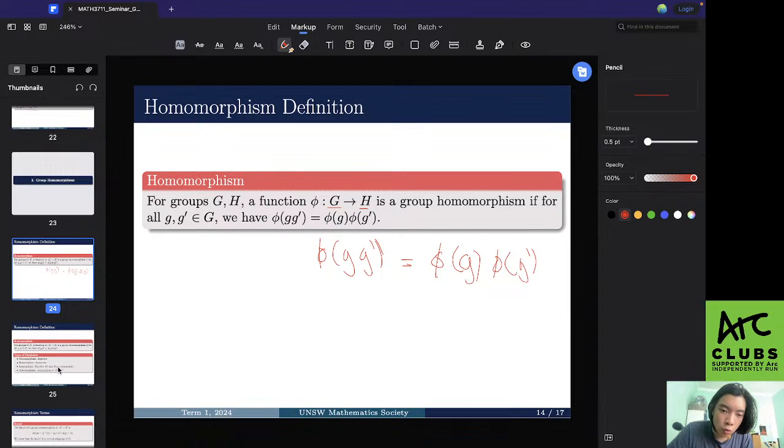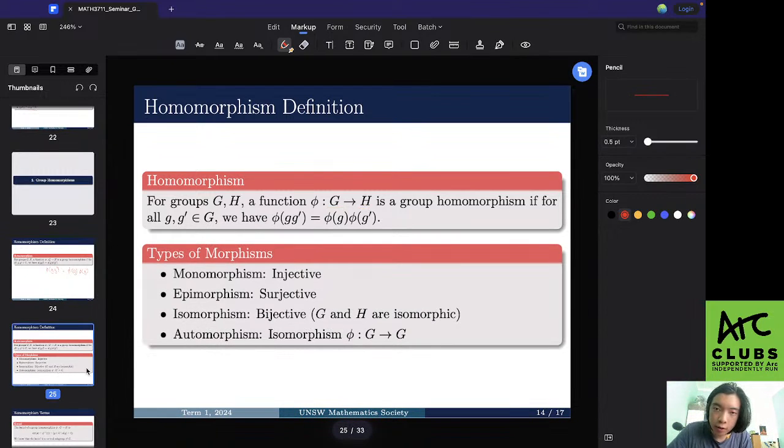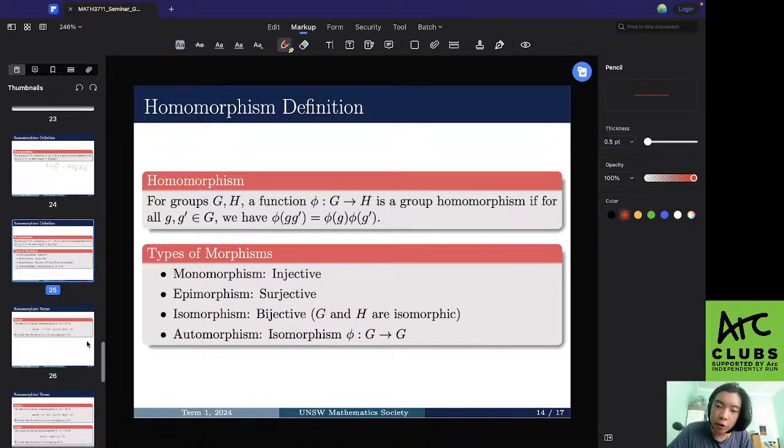And we have a bunch of different types of homomorphisms. We have a monomorphism, which just means that it's injective, an epimorphism, which is surjective, an isomorphism, which is bijective, and an automorphism, which is an isomorphism from G to itself.